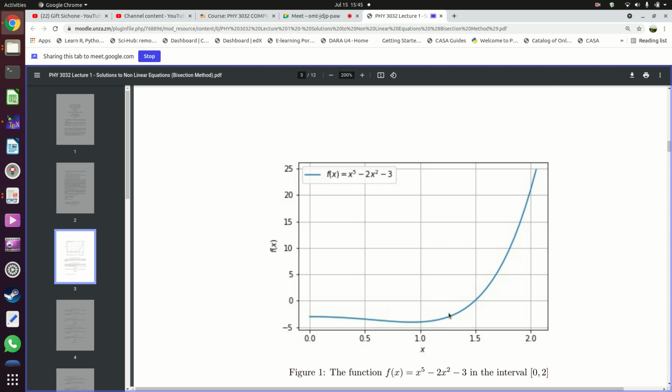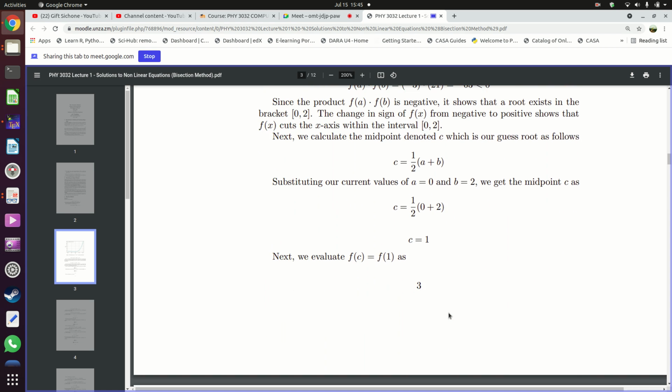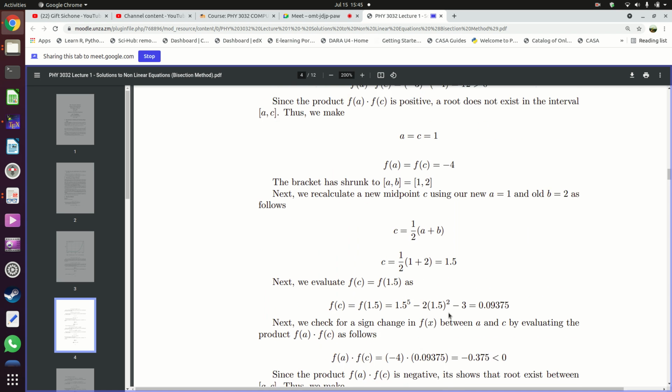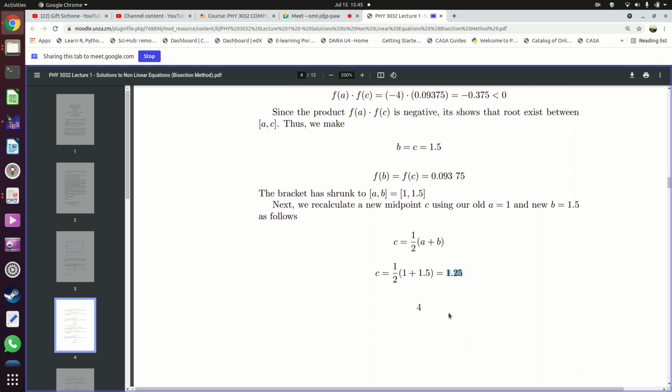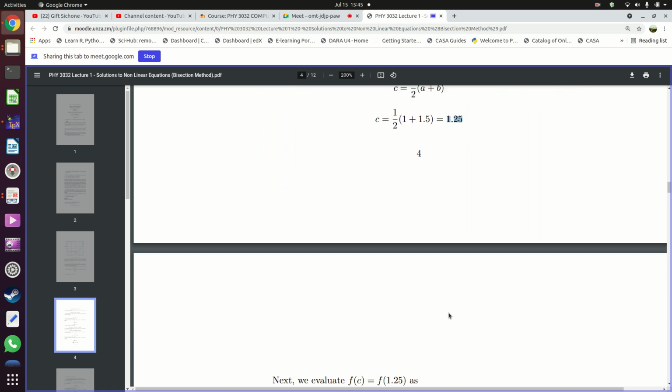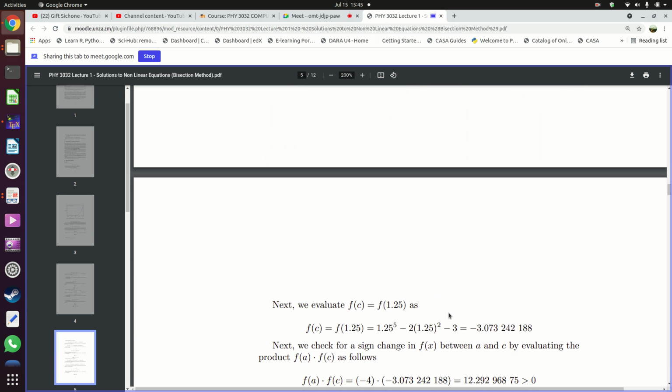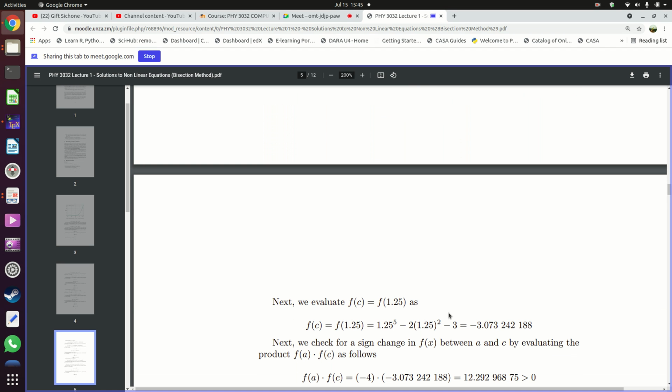With this midpoint, C equals 1.25, you check whether the function crosses the x-axis between C, which is 1.25, and A, which is 1. And how do you do that? The first thing you have to do is find out the value of the function at the midpoint.